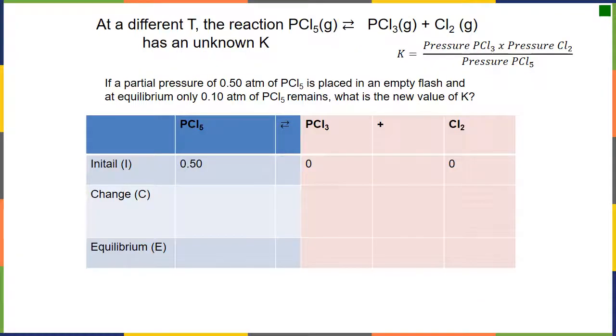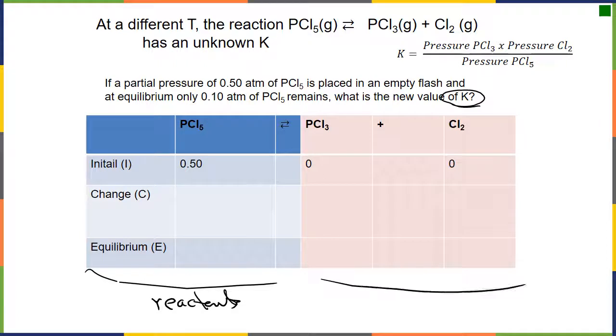So here we're looking at a value for K. We're at some new temperature than we had before, and we're given some initial values. Our chart has our reactants here on the left side, and I have color-coded these to make it a little different. These are our products. We're being told that this is in an empty flask, so we are going to have 0 of our products.